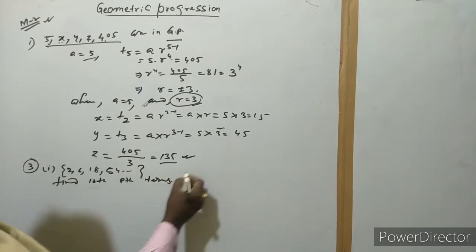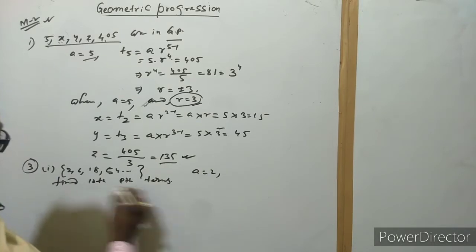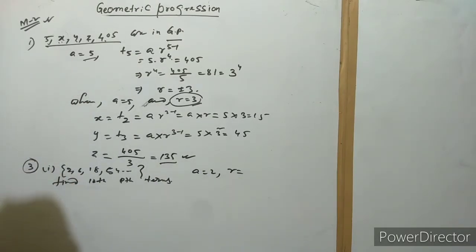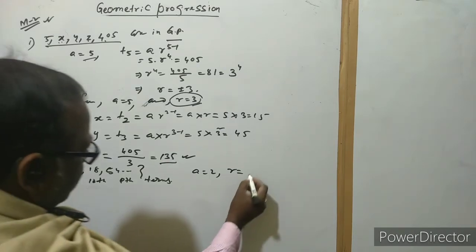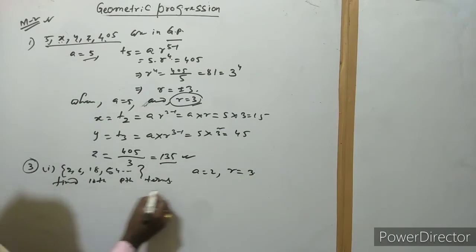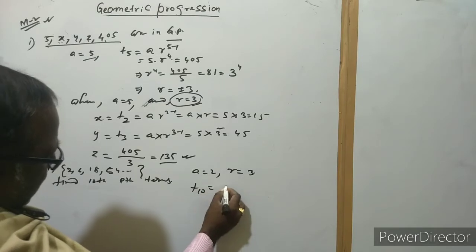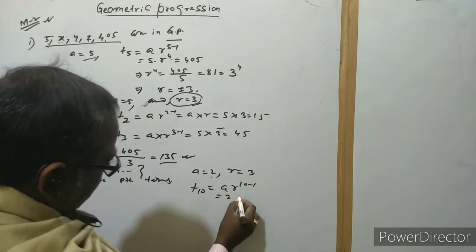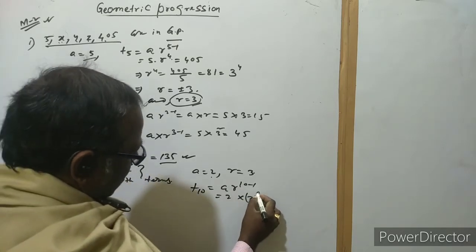So here A is equal to 2, and we can write 18 by 6, 6 by 2, that is 3. So the 10th term, T10, is A into R to the power 10 minus 1. So this is 2, and R means 3 to the power 9.